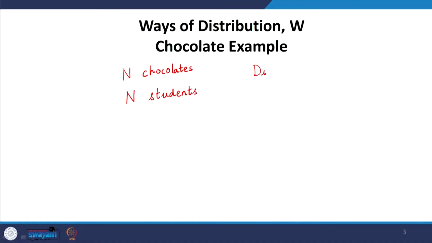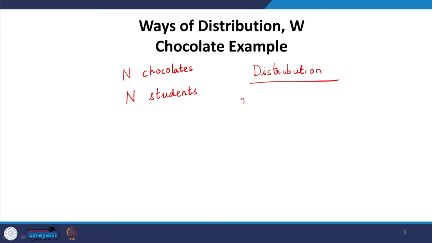So, now as I have been telling you, there are too many possibilities here. Either one student runs away with all the chocolates, or all the students get the same number of chocolates because the number of chocolates is the same as the number of students, or you can have one student having 1, another student having 2, another having 3, another having 4. So, you can have a variety of distributions. So, I can characterize one particular distribution as the following.